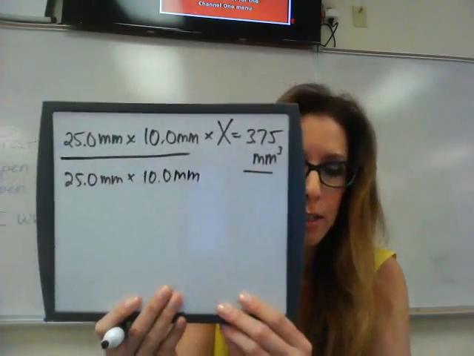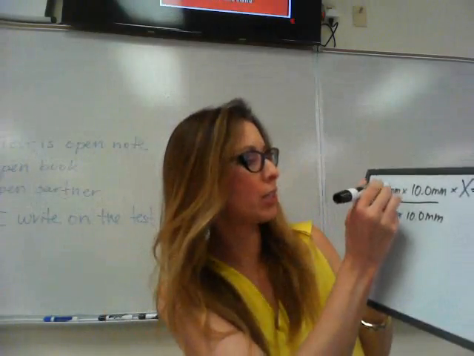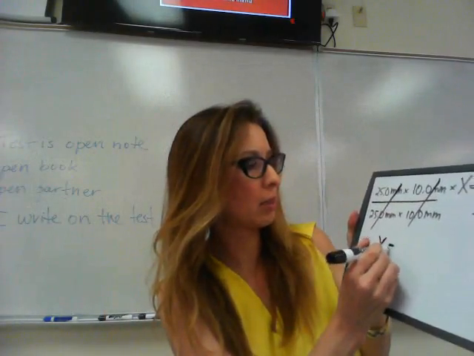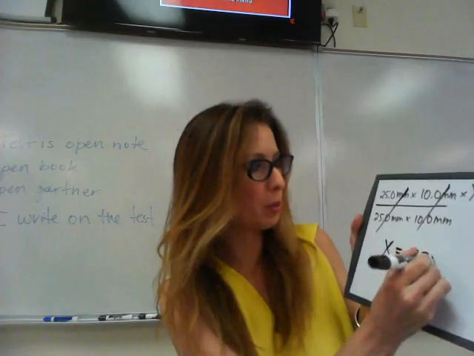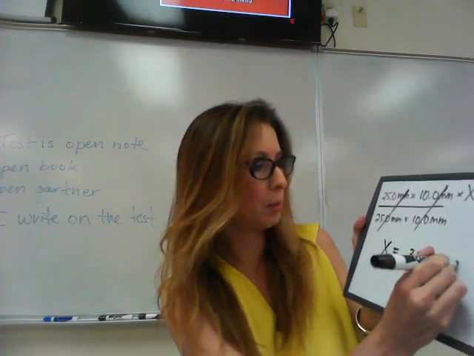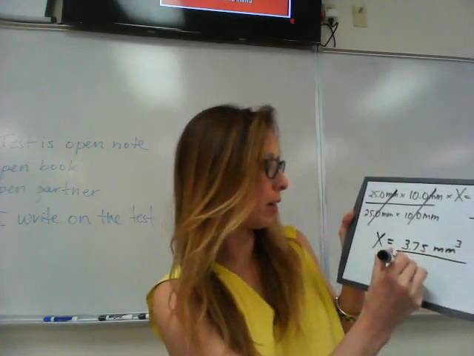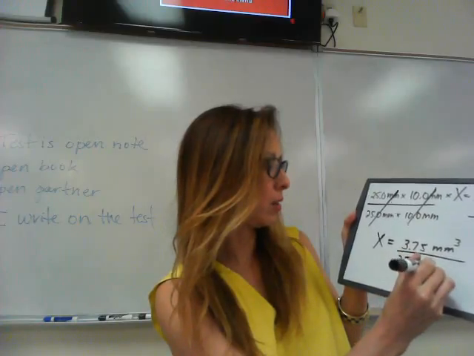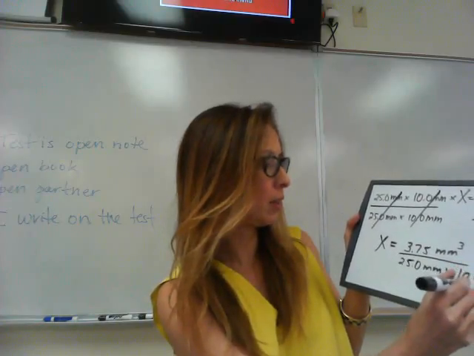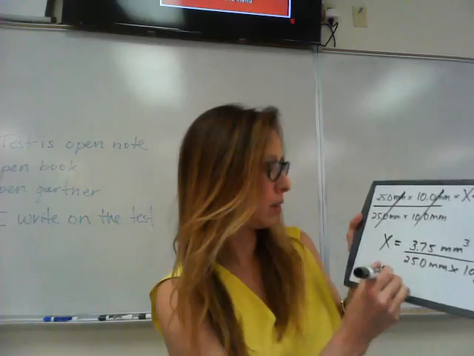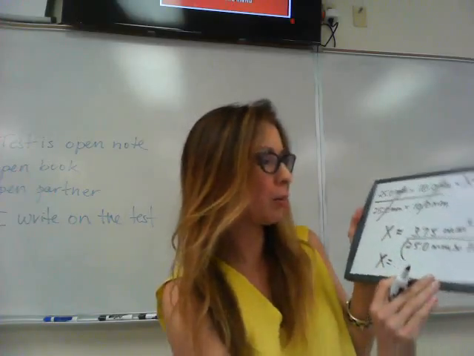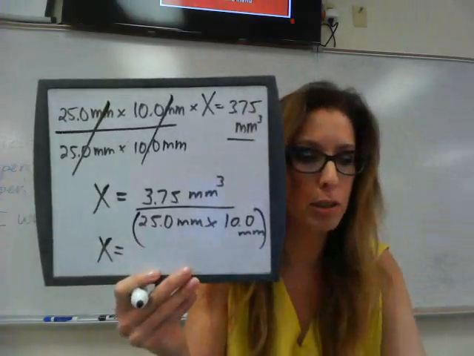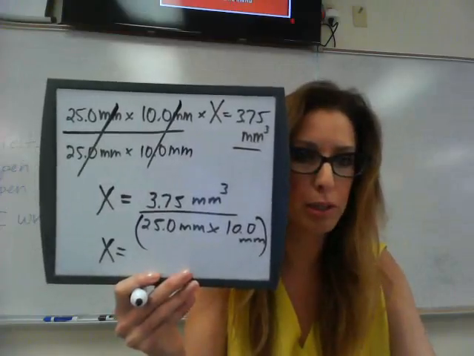When we do that, it's going to cancel out on the left-hand side, leaving me with x. And on the right-hand side, it's going to be 3.75 millimeters cubed divided by 25 by 10. You have to figure out what the denominator is in parentheses if you're going to put this into your calculator in one step.